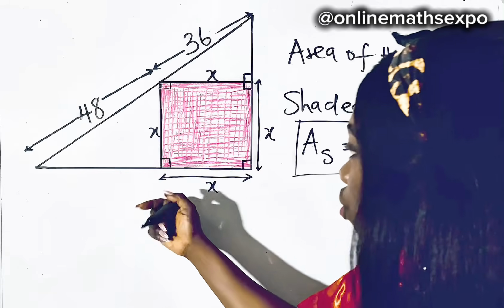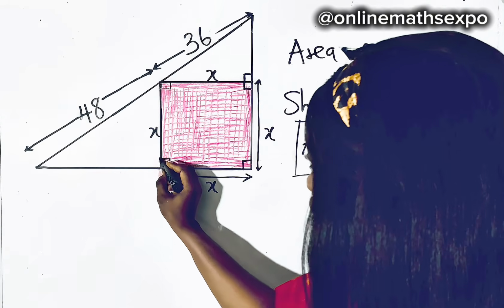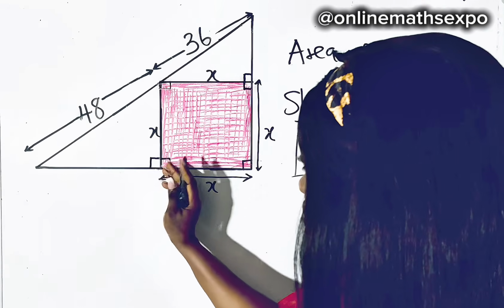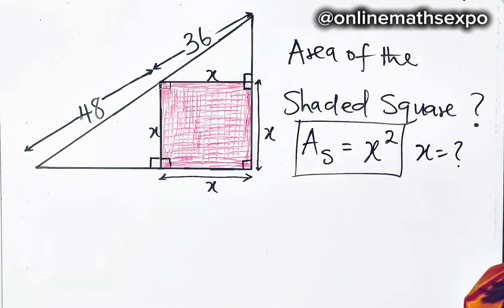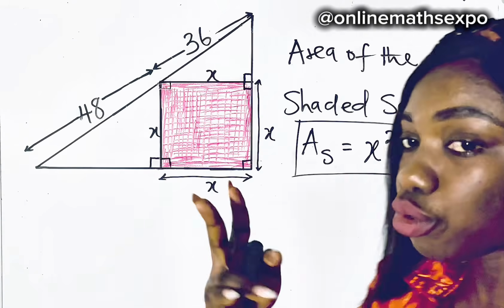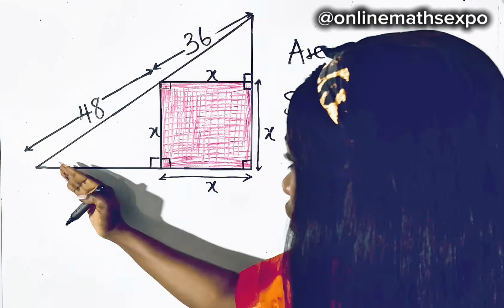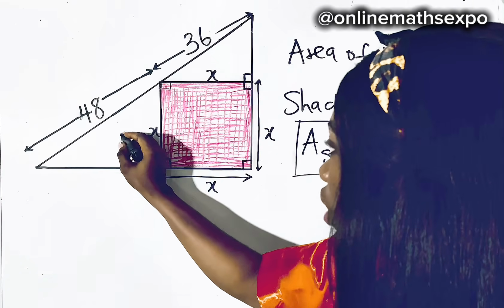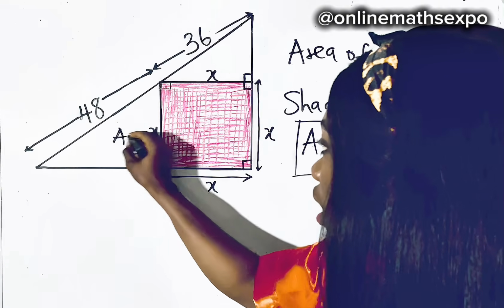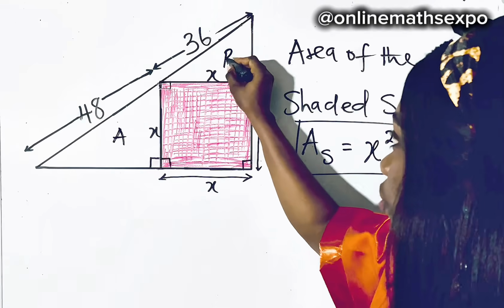Now if you go to this, if here is 90, the remaining angle will also be 90, because this is still on a straight line. What did you observe? You observe that we have formed two right triangles, this triangle up and this one down. We can label this triangle A, and then label this triangle B.